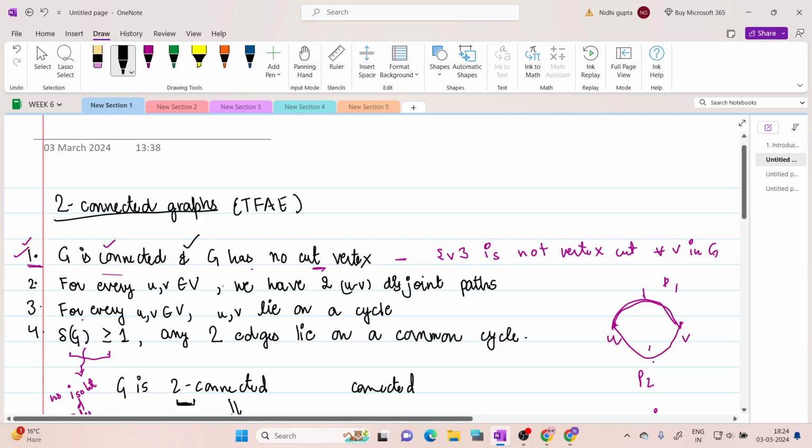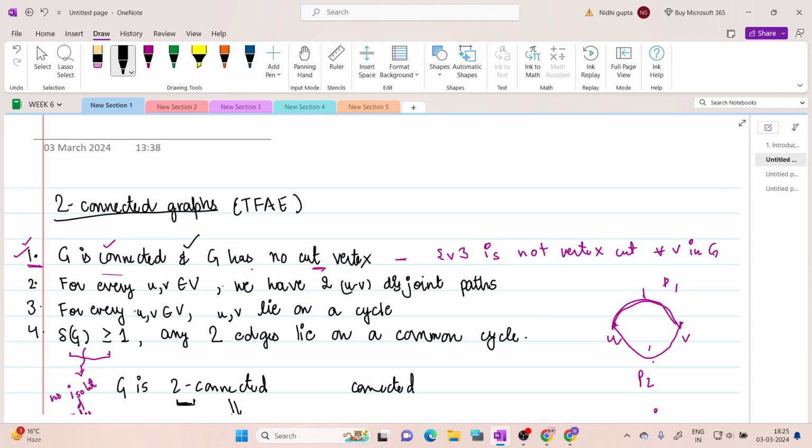Then for every UV we should have two internally disjoint UV paths. Thirdly, every two vertices should lie on a common cycle, and the fourth condition, any two edges lie on a common cycle. So we had nice equivalent definitions of 2 connected graphs.